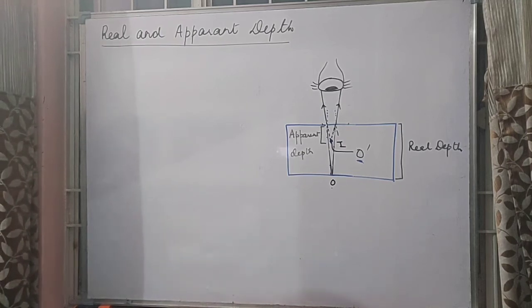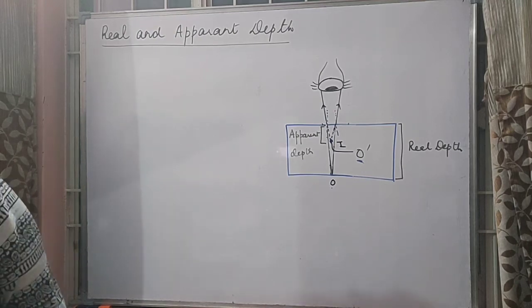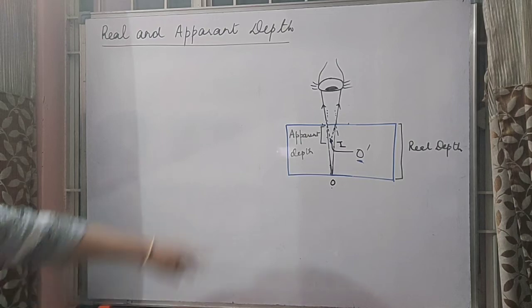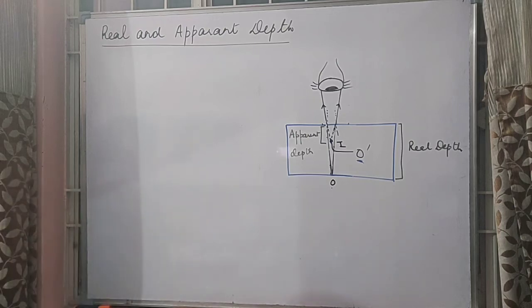For a similar reason, water in a swimming pool, when viewed from above, appears less deep than it really is. The distance of O from the surface of the glass block is called the real depth, as shown in the figure, and the distance of I from the surface of the glass block is called the apparent depth.